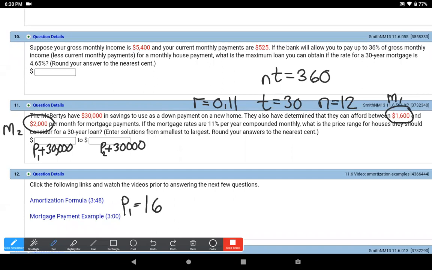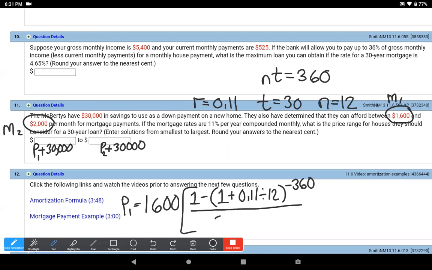So if we have 1,600 times 1 minus parenthesis 1 plus rate divide by 12 raised to the power negative 360 divide by rate, which itself is divided by 12. Then we'll have our P for the low end, the amount we want financed, right?